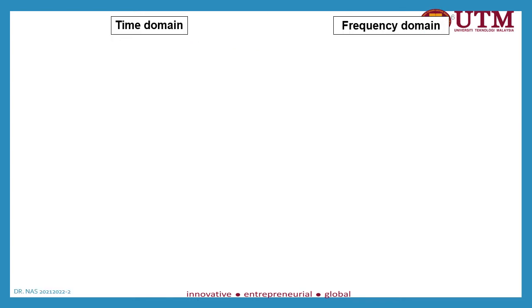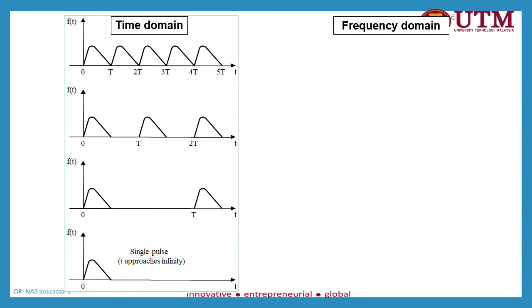Okay, let's look at the comparison between Fourier series and Fourier transform, and how the non-periodic signal in time domain is represented. Okay, for example, if you have this signal, you can see that the basic signal, the fundamental signal, repeats itself by the same T. Okay, same goes to this one.